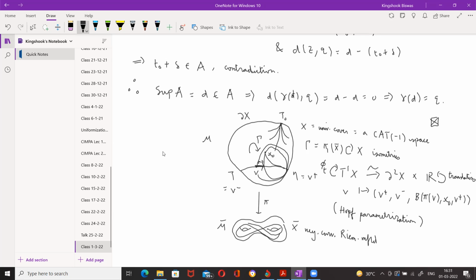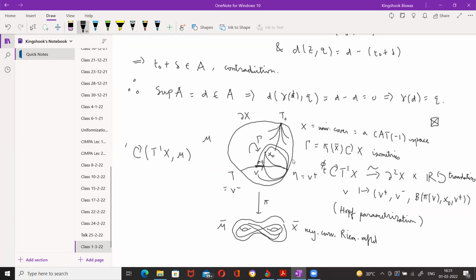Okay, so mu is a measure on T1x, which is gamma invariant. I have T1x, mu, gamma is acting on this.